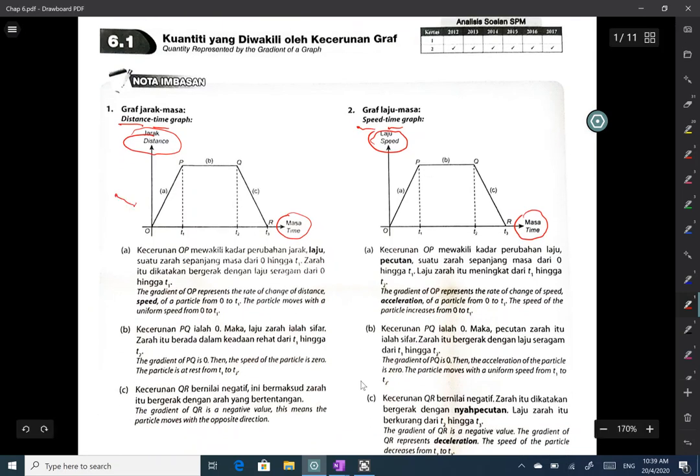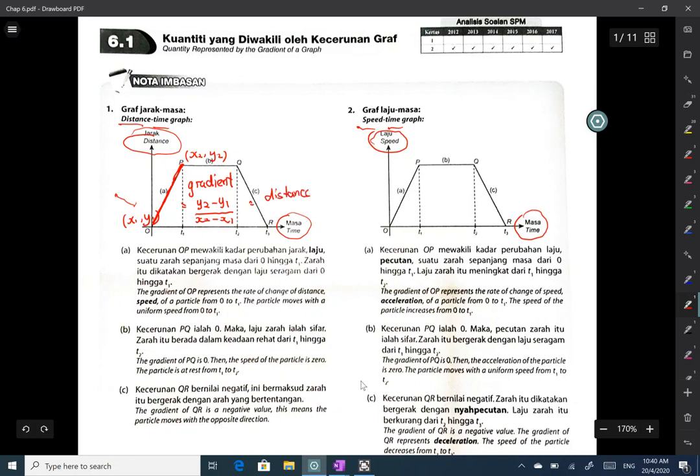Okay, still remember in the graph, if we want to know the gradient, for example, this one is x2, y2 and this one is x1, y1. So gradient is y2 minus y1 divided by x2 minus x1. What is our y? Y is our distance.